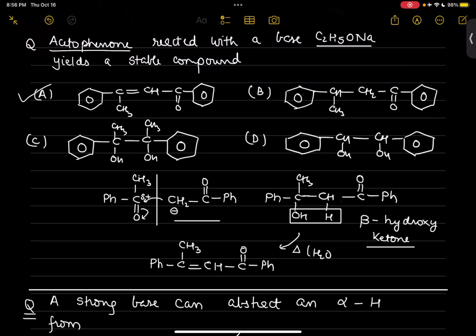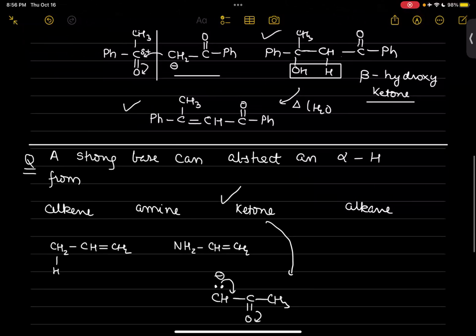So, is it clear? Yes, sir. Okay. So you need to remove water. So this can also be the answer, and this can also be the answer. Okay, but because they have not given any compound with an OH group, we are going to leave it as it is.